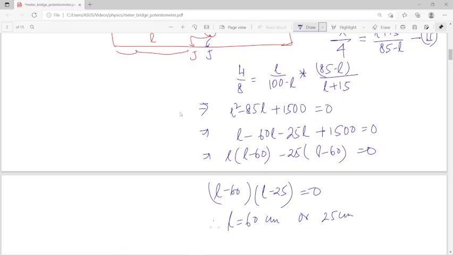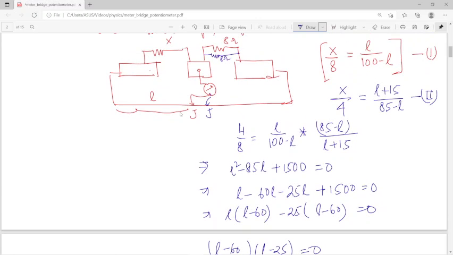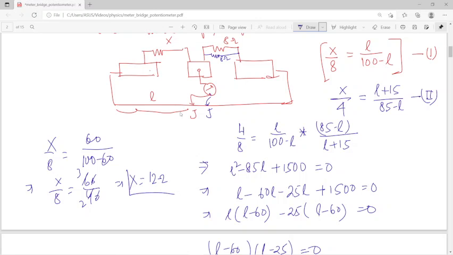And if we put this value into X, because the value of L is 60 or 25, depending on the options, then you can put it. X by 8 is equal to 60 by 100 minus 60, that means X by 8 is equal to 60 by 40, and that comes out to 12 ohm, right?